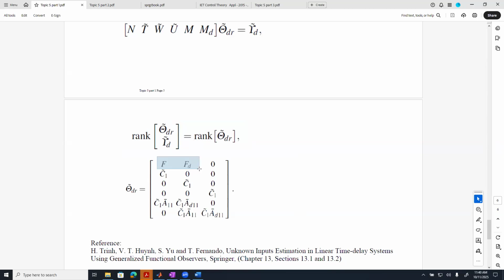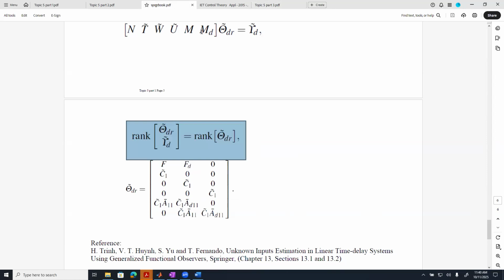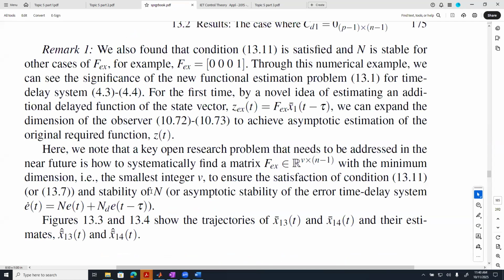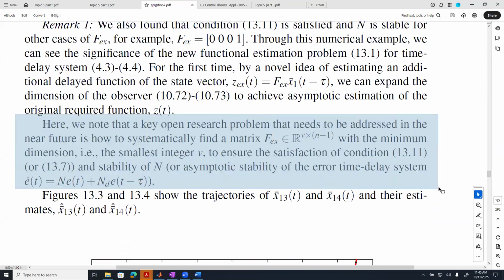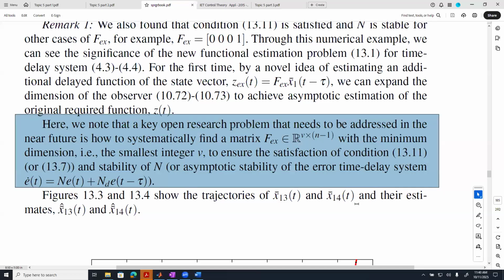What would be the minimum number of those? And once this is satisfied, we are still not out of the woods yet. We still have to ensure that the error dynamic equation is stable. So this is the key issue that needs further investigation.